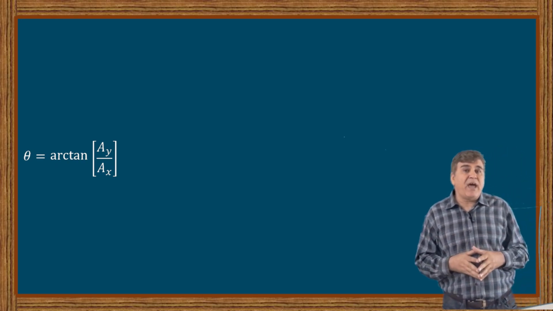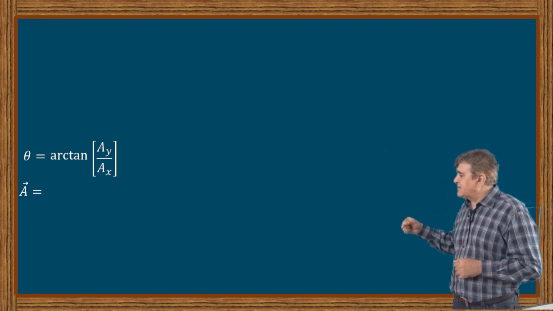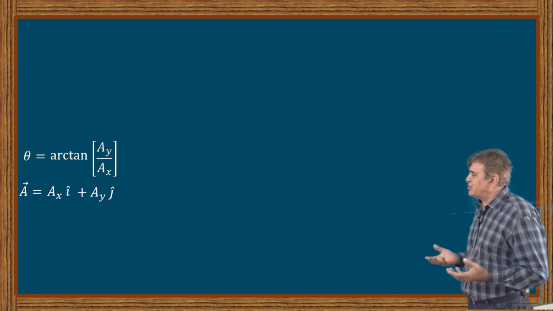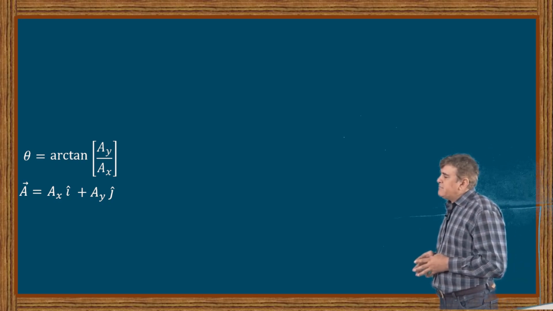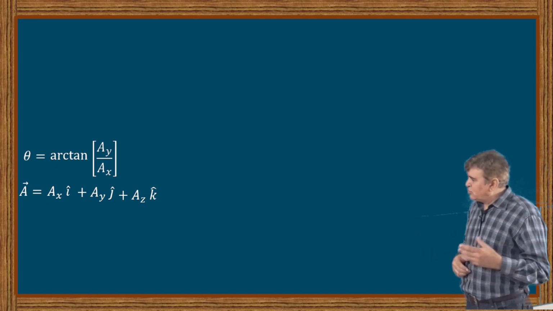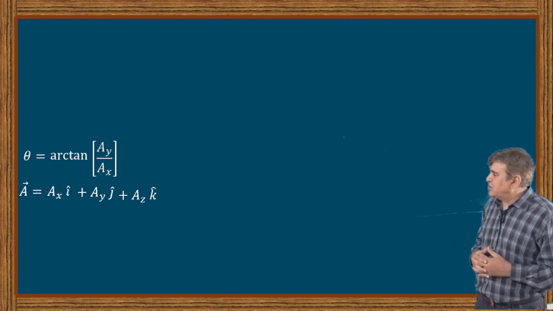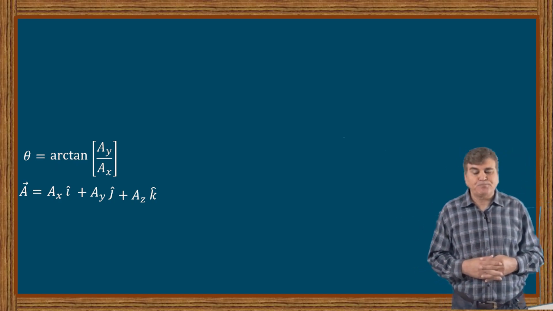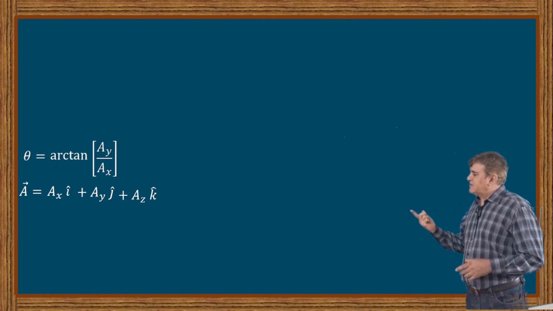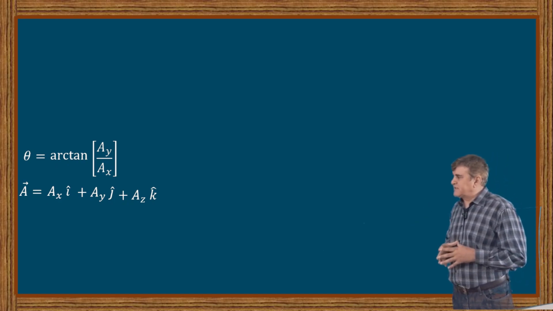That is, suppose we have a vector A which can be written in the form of a sub x multiplied with unit vector i plus a sub y multiplied with unit vector j and a sub z multiplied with unit vector k, where i, j and k are the unit vectors along the axes of the Cartesian coordinate system. Written in this form means that we know the components of the vector, that is, we know the magnitudes of a sub x, a sub y, and a sub z.